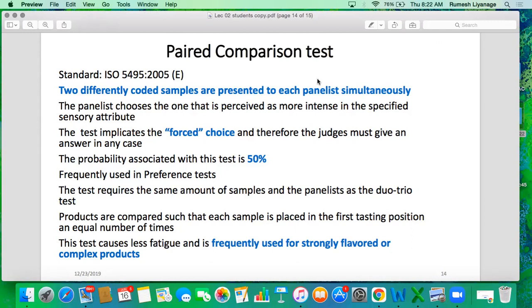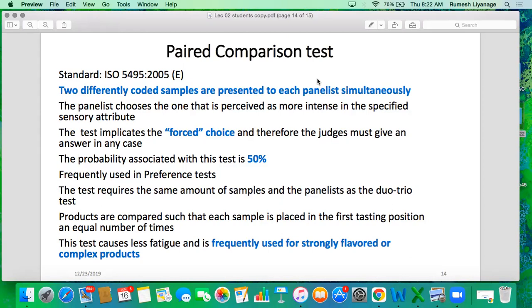When we use other methods, it will take much time and it is difficult to get a decision because these are strongly flavored and complex products. Therefore, we just ask the panel members to quickly taste these samples and select the best one. And we can repeat this test.